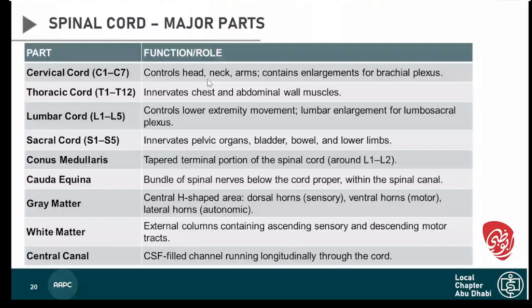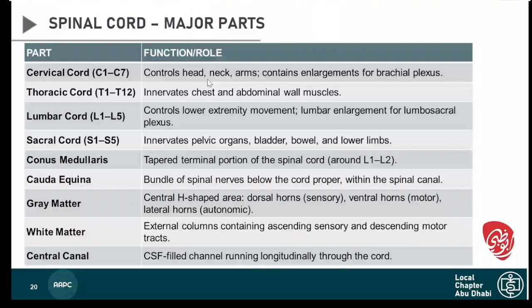And the thoracic cord helps in the chest and abdomen. It innervates the chest and abdominal wall muscles. The lumbar cord controls lower extremity movement, because the spinal nerves that exit from the lumbar spine mainly help in the movement of the lower limbs. So any damage to the lumbar region may drastically affect the movement of the lower limbs.